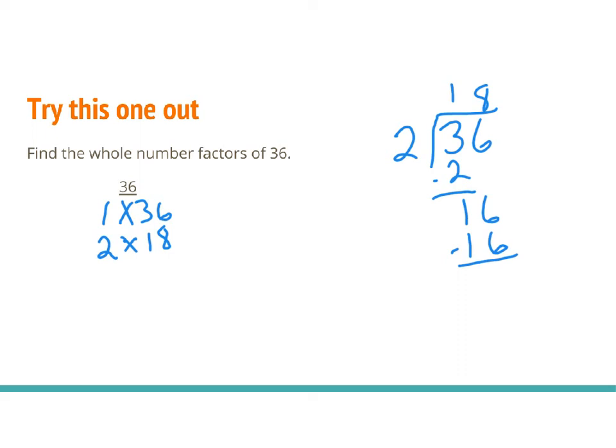But before that, I got to go to 3. So my checking is 3 plus 6. If I add 3 plus 6, I get 9. Well, that tells me that 3 is a factor and 9 is going to be a factor. So I knocked out 2 birds with 1 stone right there. So 3 times 12 is 36. We said 4 was going to work earlier because that 18 that was paired with 2, 4 times 9.